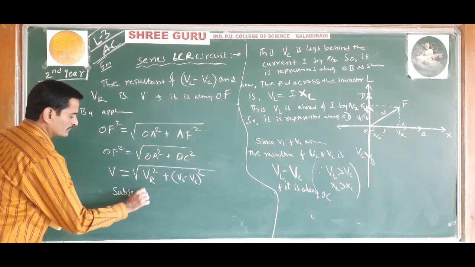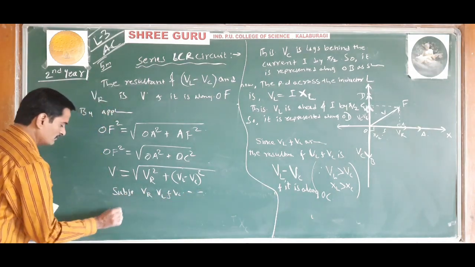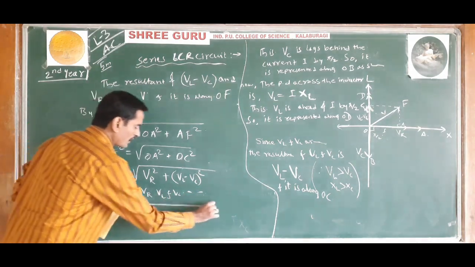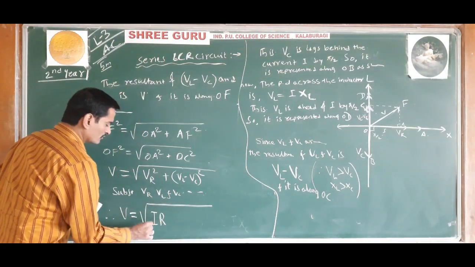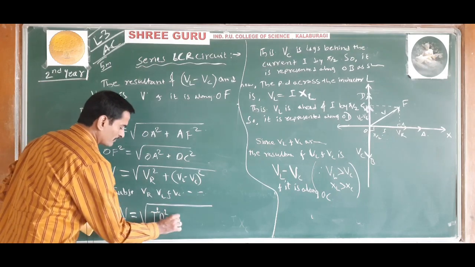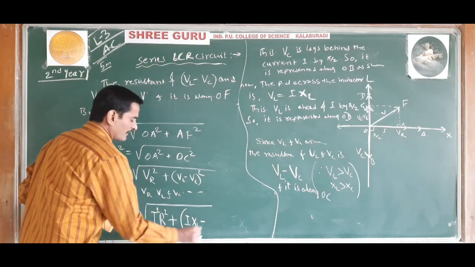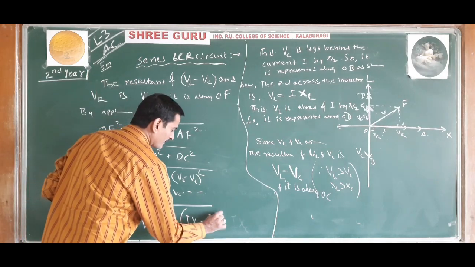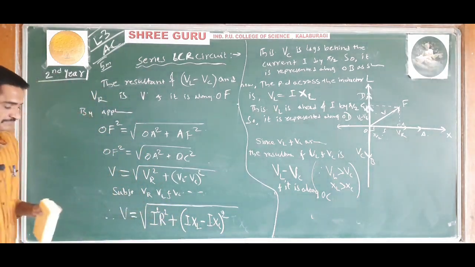So V is equal to under root of VR, which is I into R, so I into R whole square, that is I square R square, plus VL, which is I into XL, minus VC, which is I into XC, whole square, right? And now I square taken common.